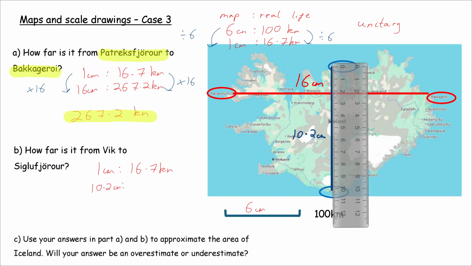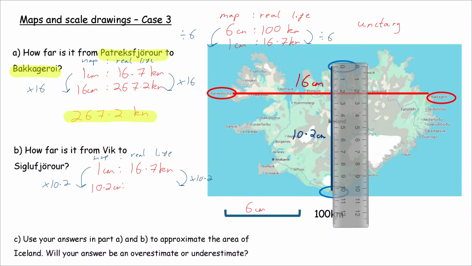Now to get from 1 up to 10.2, we're timesing by 10.2. Do the same thing over here. Really, I should be writing on the top that this is the map, what you're measuring on the ruler, and the real life is up here. You've got the map, what you measure with the ruler, to the real life distance.